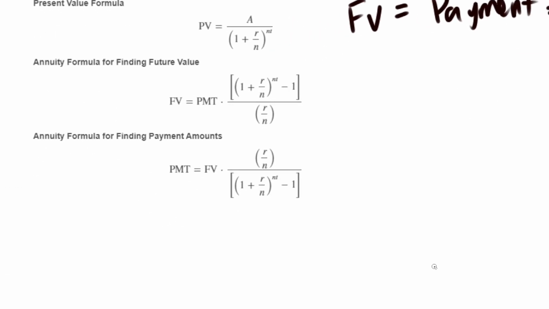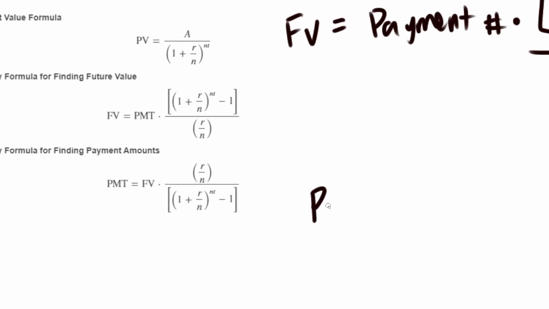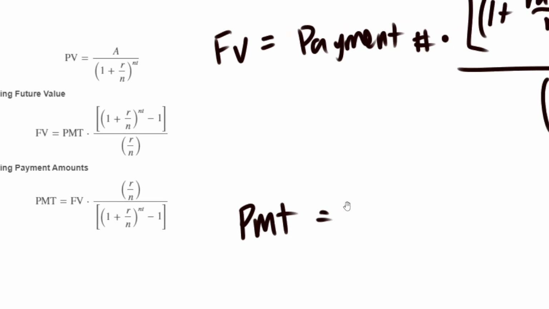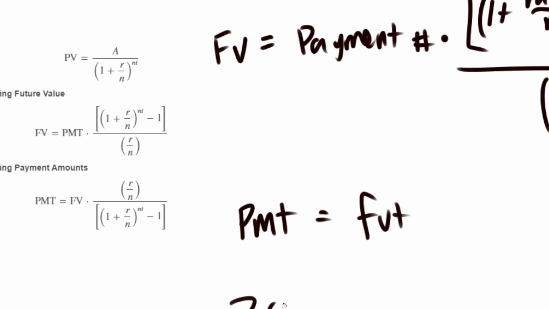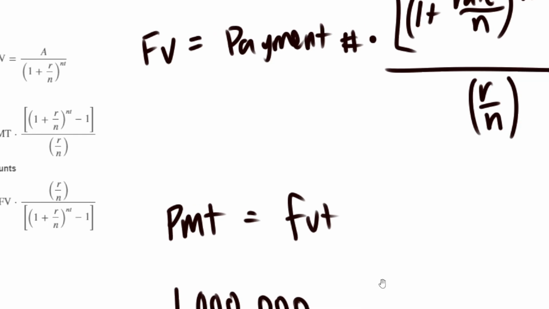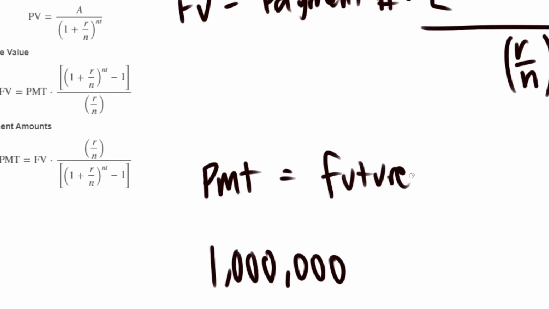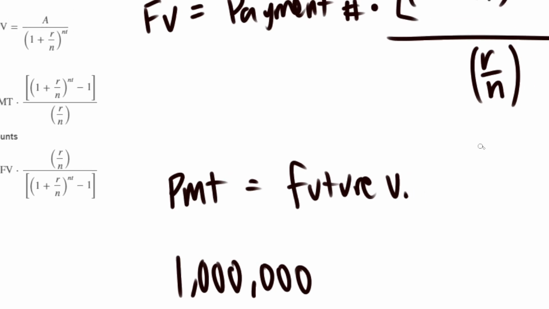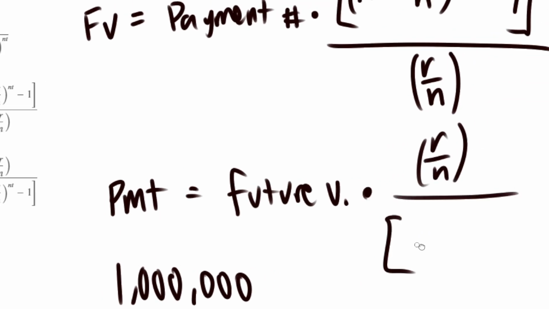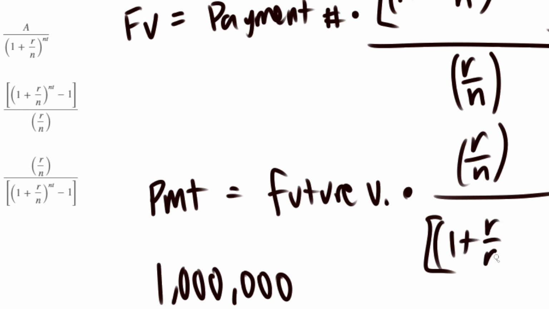Now our annuity formula for finding payment amounts. So this is where you have the future amount that you want to save up for, let's say like $1 million. I feel like that's an okay goal. You want $1 million when you retire. And then it would be times our rate over n divided by 1 plus r over n to the nt minus 1.